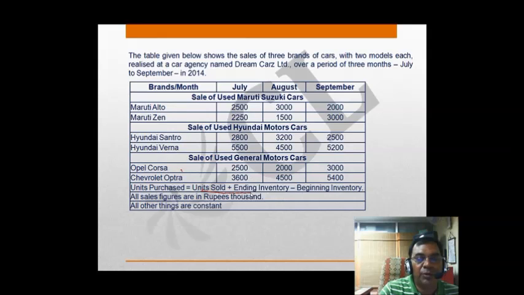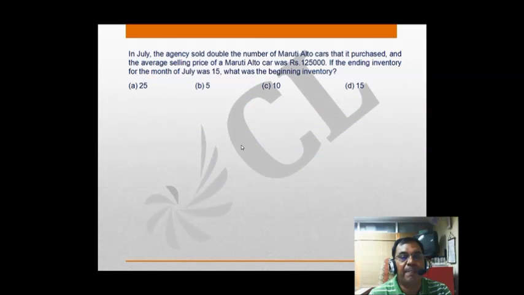Yeah, so this is the inventory concept. I should be bothered about inventory instead. So inventory concept I am very comfortable with: it is always initial inventory plus production minus sales is equal to this. Okay, all things are constant. Now, in July, the agency sold double the number that it purchased.